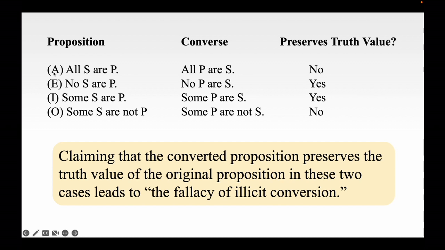On the other hand, the A and the O do not preserve the truth. And be very careful, because claiming that the converted proposition preserves the truth value of the original proposition in the case of A and O will lead to the fallacy of illicit conversion.